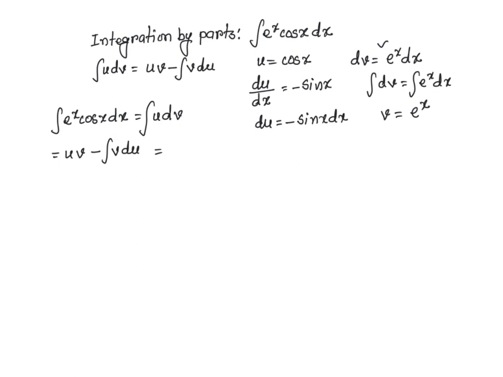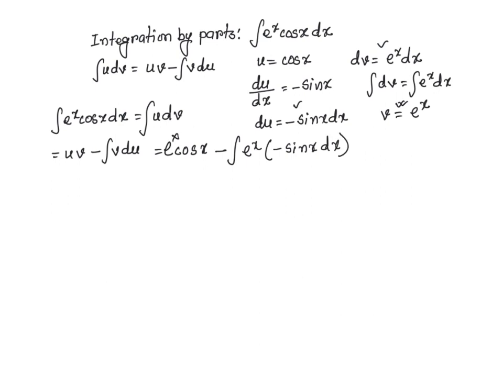My u is cosine of x, and my v is e to the power x. So I'm going to write e to the power x times cosine of x minus integral v du. Now v is e to the power x, and du is negative sine of x dx.